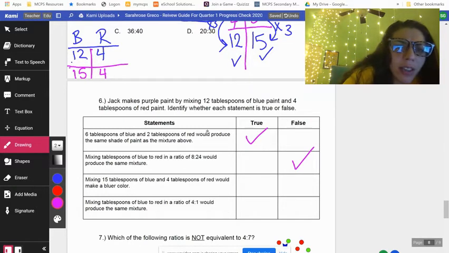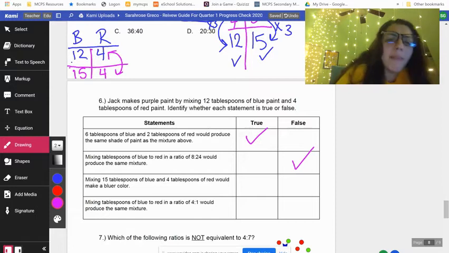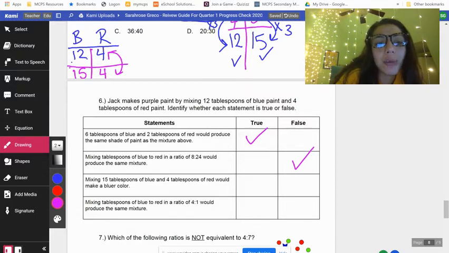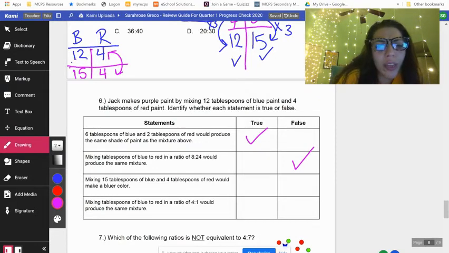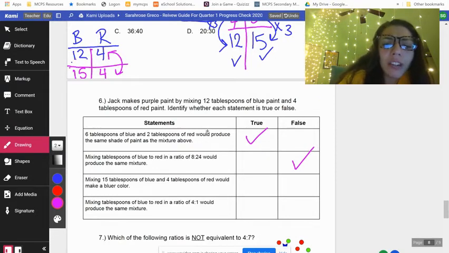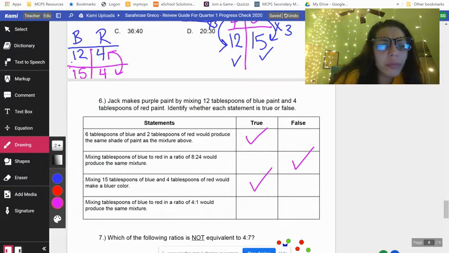You notice how the amount of red paint doesn't change, but the blue paint does change. We add more blue. Instead of it being 12 to 4, it's now 15 to 4. We added more blue, so that means we will have a bluer color. That's true.